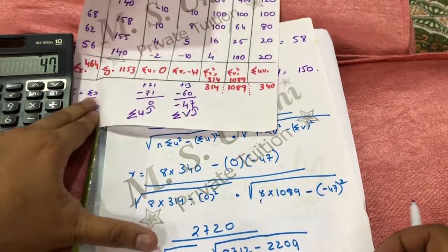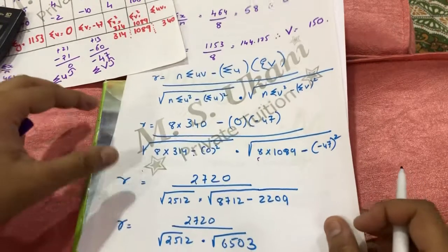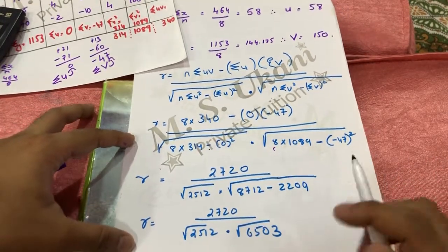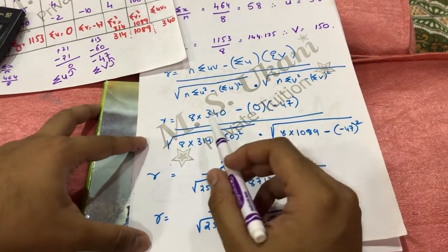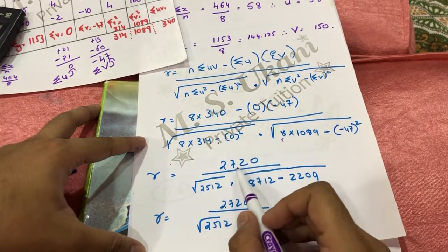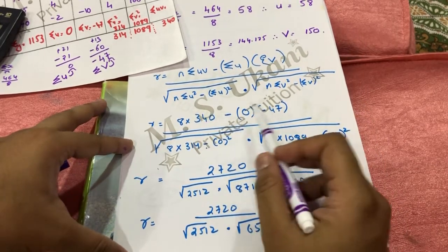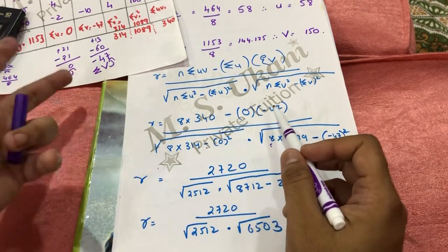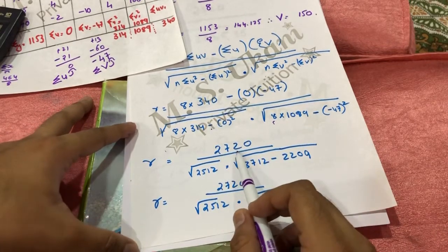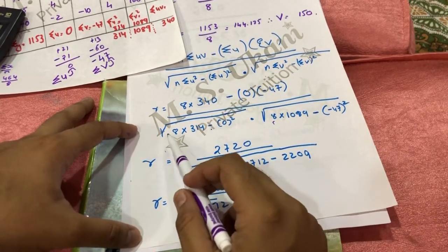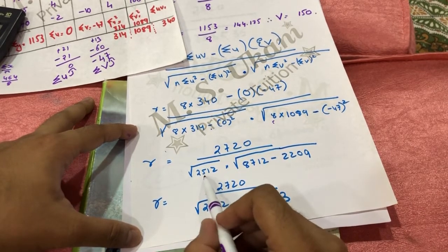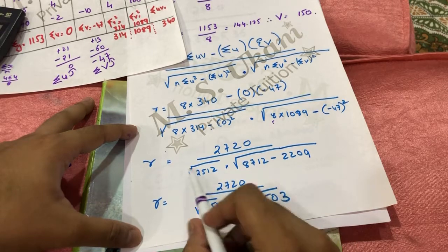So after putting all the digits in the formula, let us move to the calculation. So now we will multiply 8 multiplied by 340. So our answer will be 2720 minus 0 multiplied by any number, as you know that it becomes 0. So here 8 multiplied by 340 will be 2720. Now in the denominator, 8 multiplied by 314, our answer will be 2512 and under root.